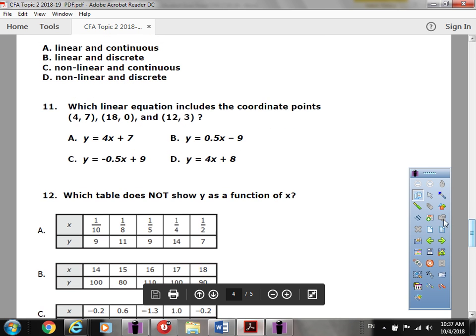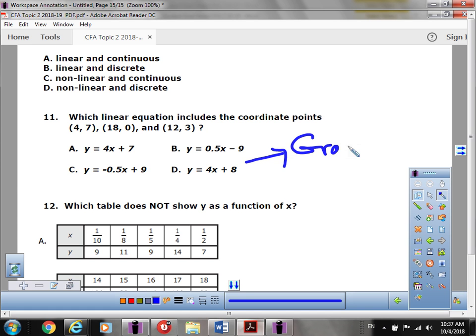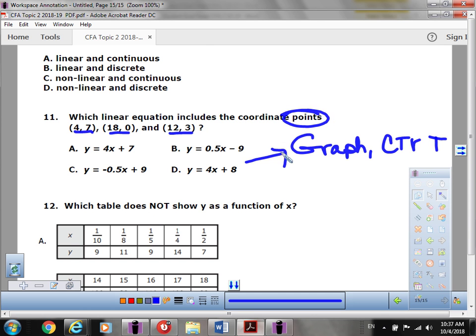Alright, number 11. Another graph control T one. Again, in your notes, if you're going to retest tomorrow, you really need to hone in on, look how easy this test was. A lot of them were graph control T. And the reason I'm saying control T is because those are points. They said so right there. And that means points are also represented on a table.